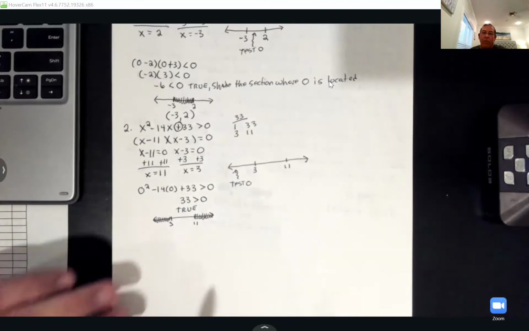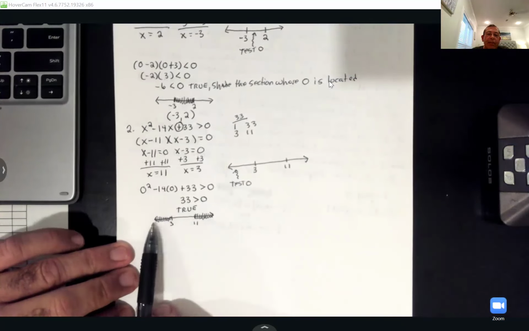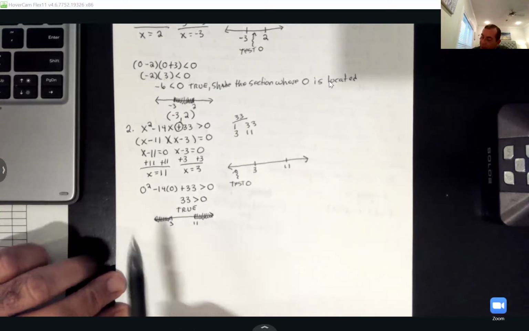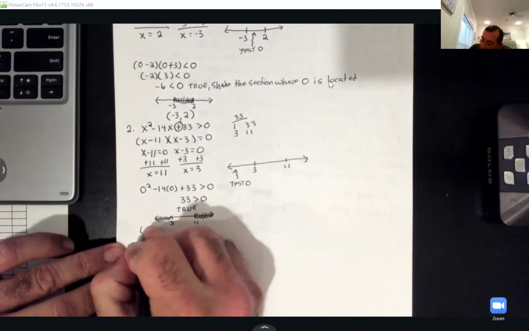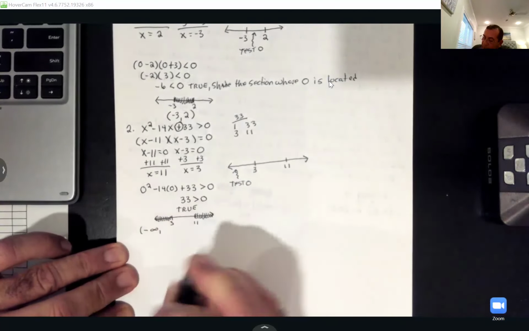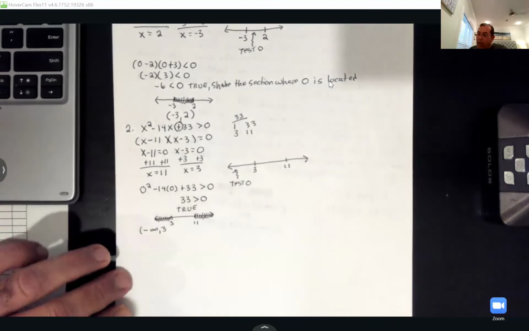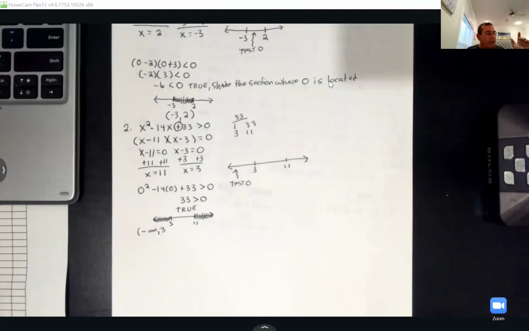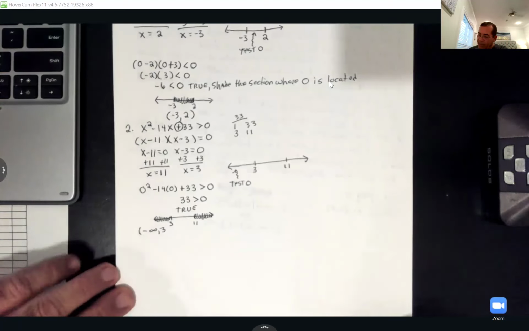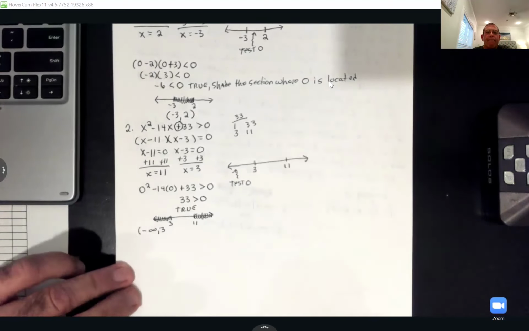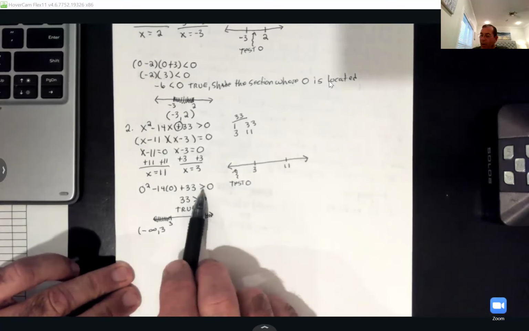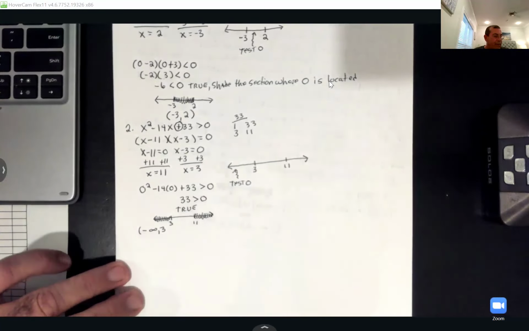Alrighty, at that point, I'm going to write it in interval notation. So remember, this one starts at negative infinity over here. And then it goes up until the 3. So y'all, on this one, parentheses or brackets? And remember, all I got is a greater than there.